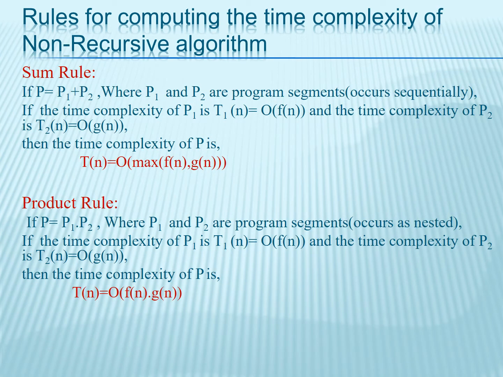The two rules for computing the running time of a non-recursive algorithm are the sum rule and the product rule.